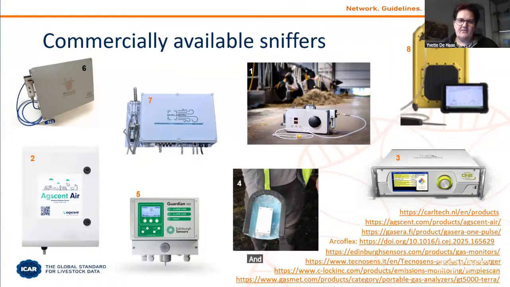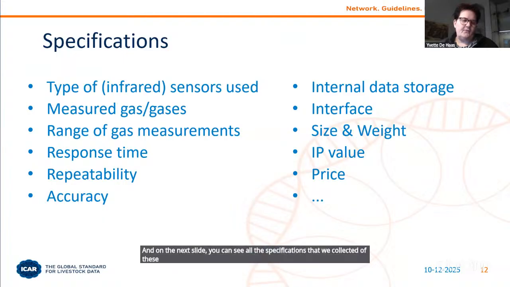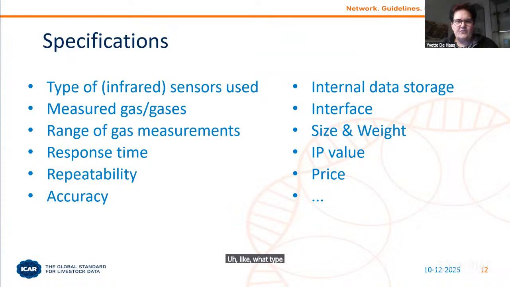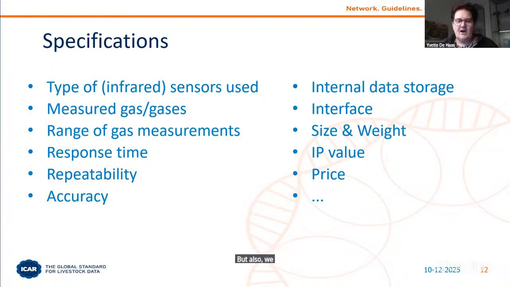And on the next slide, you can see all the specifications that we collected of these devices: what type of sensor is used, what is the measured gas or maybe even gases, what is the range of the measurements, what is the response time according to the manufacturer standards at least, and the accuracy. We also focus on how the data is stored, whether there is an interface or a dashboard that can be used to check on the devices, what the size and weight are, and what the IP value is.